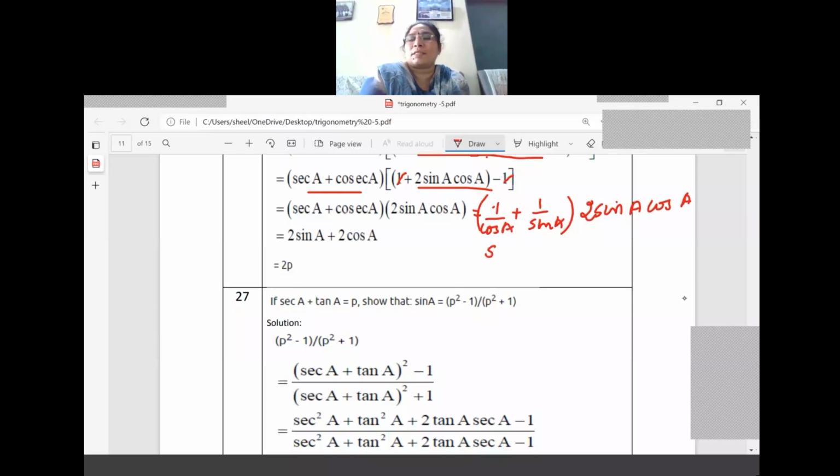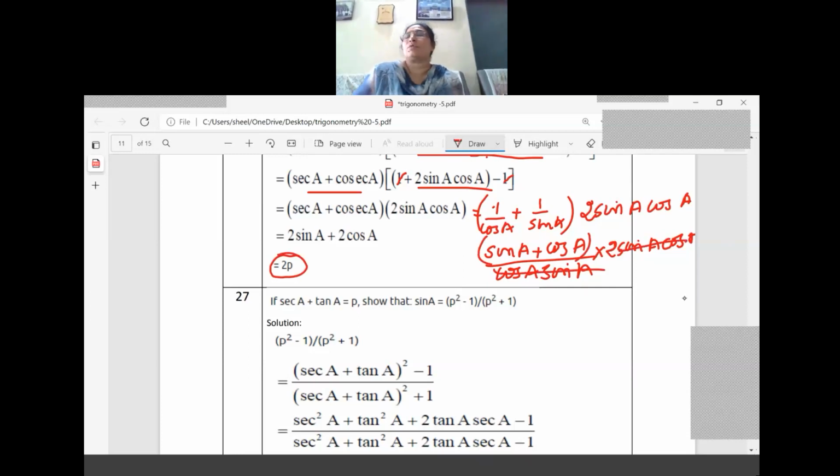Take the LCM, means sin A plus cos A divided by cos A into sin A, into 2 sin A cos A, right? So this sin A cos A will get cancelled. Instead of that, what we can write, it is equal to 2p, because one 2 is already remaining and the other is p only.